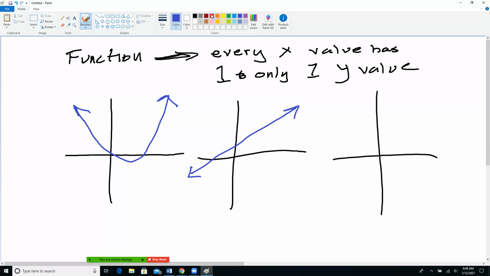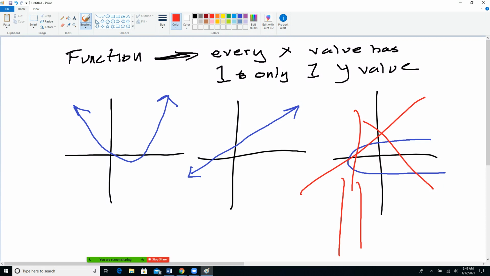And this is not a function. The way we can check is the vertical line test. If you take a vertical line and run it across this last one, does it cross 2 points at any one time?